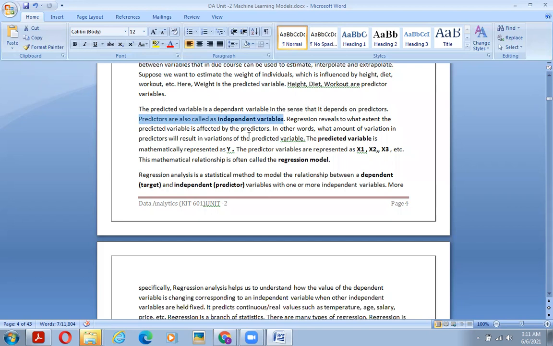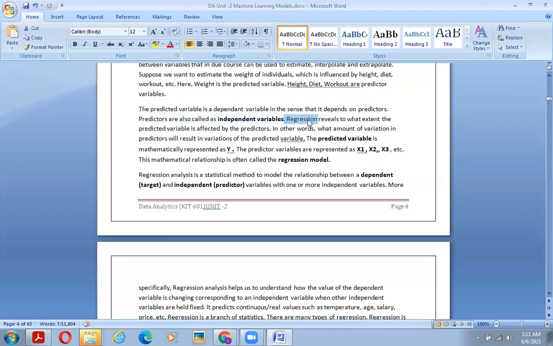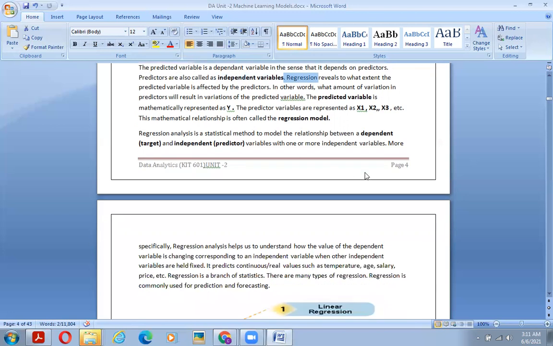Regression reveals to what extent the predicted variable is affected by the predictors. With regression modeling, we will be able to understand which of the different predictor variables will help the predicted one. In other words, an amount of variation in the predictors will result in variation in the predicted variable.